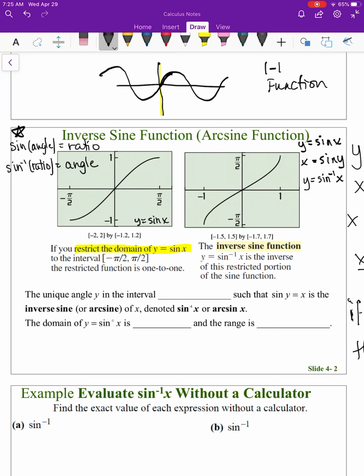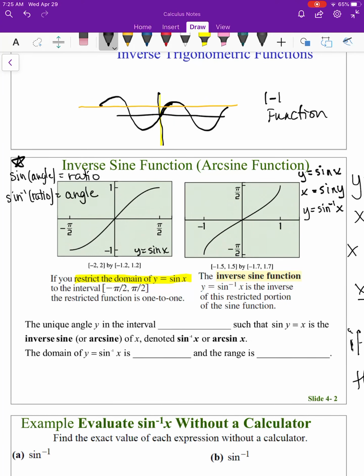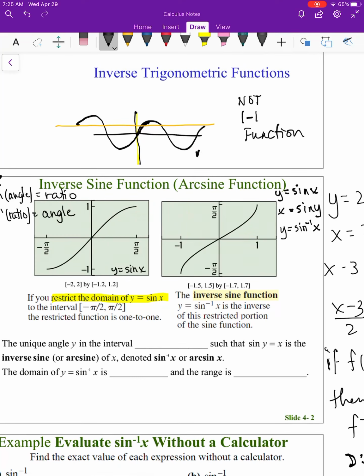And for something to be one-to-one, it has to pass the horizontal line test. So that means the horizontal line can only go through the function one time. If it goes through more than one time, it's not one-to-one. So this function is not one-to-one. So I'll put on there, not.